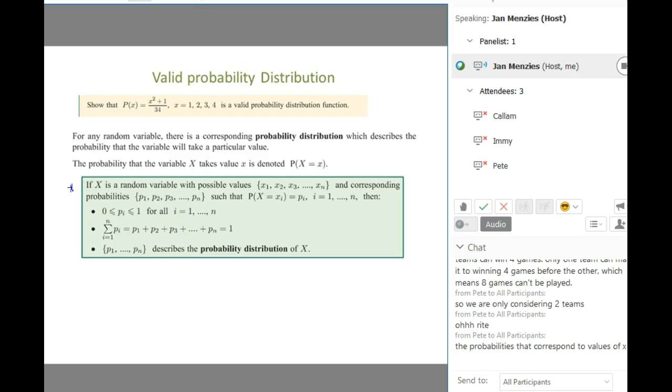If x is a random variable with possible values, the set x1 through to xn, where n is the number of outcomes, with the corresponding probabilities, the set of probability 1 matches the outcome 1, such that the probability of obtaining each of the outcomes equals their individual probabilities. Then the following is true.